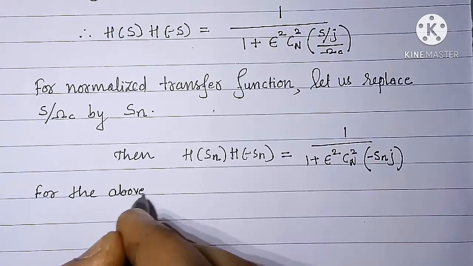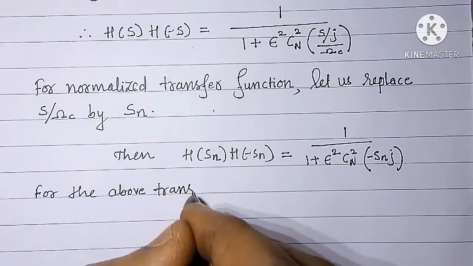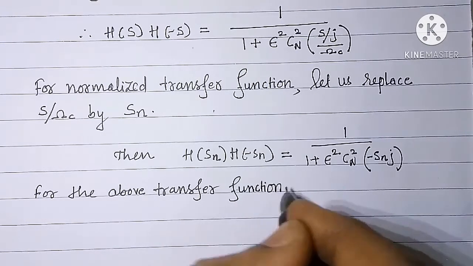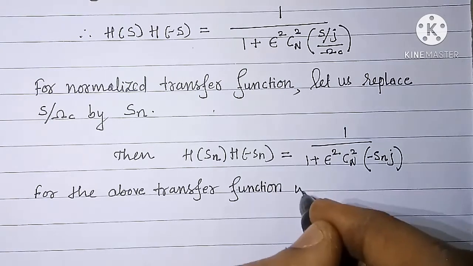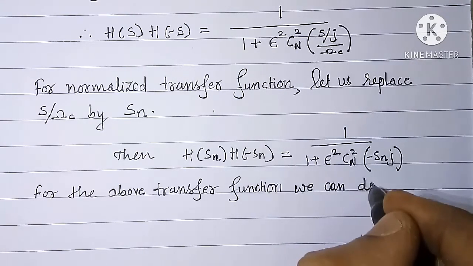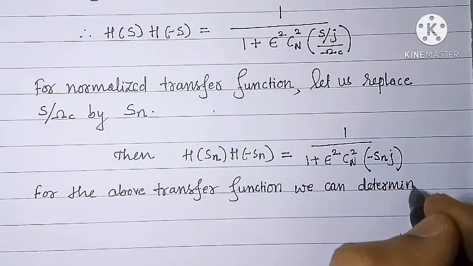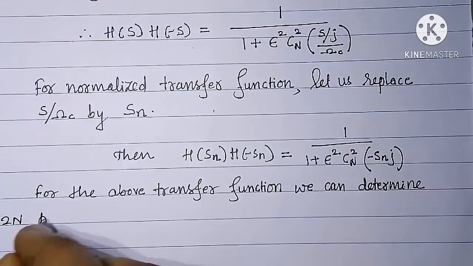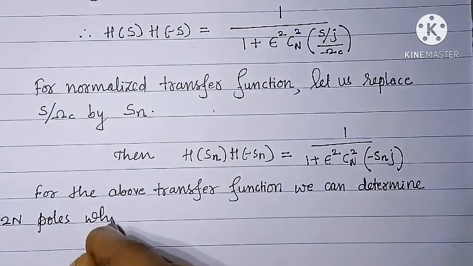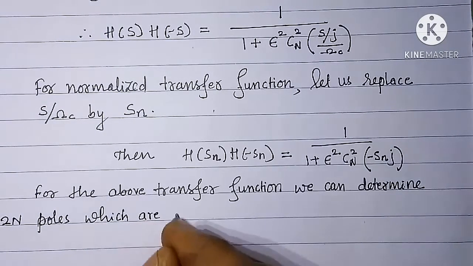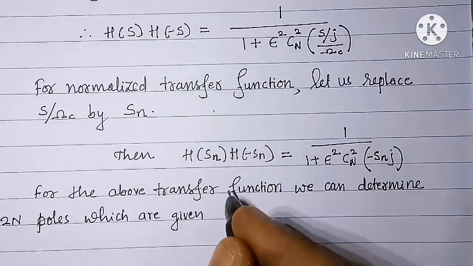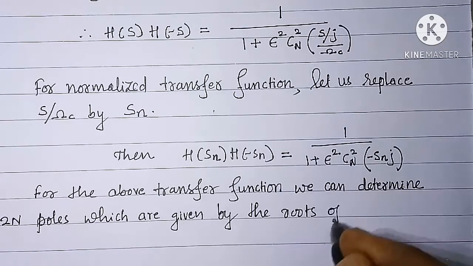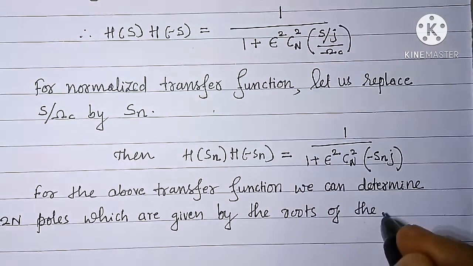For the above transfer function, we can determine 2n poles which are given by the roots of the denominator polynomial.